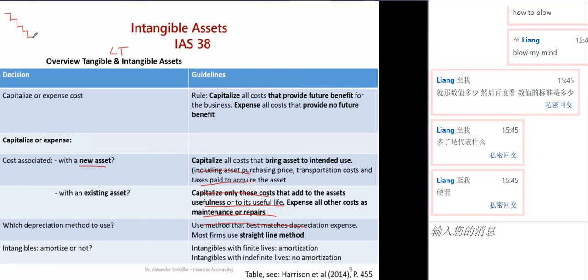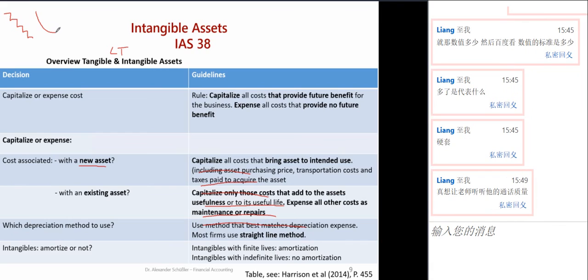But we also talked about accelerated depreciation, and the depreciation method that depends on the usage of the asset, and generally you should use the method that best fits the asset, essentially. But in practice, most firms use the straight line method.